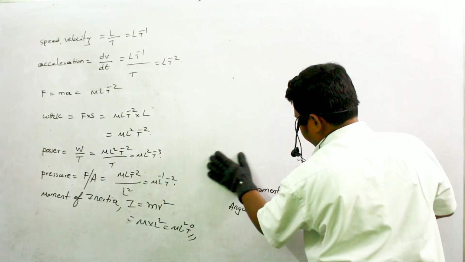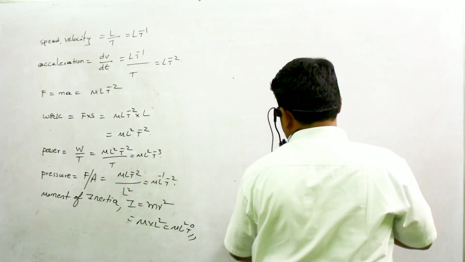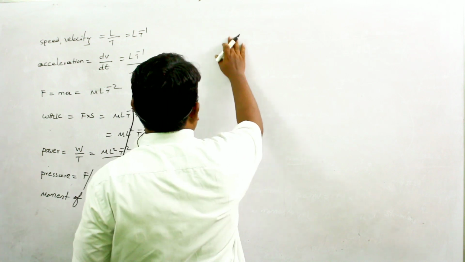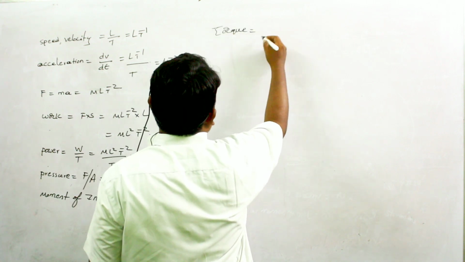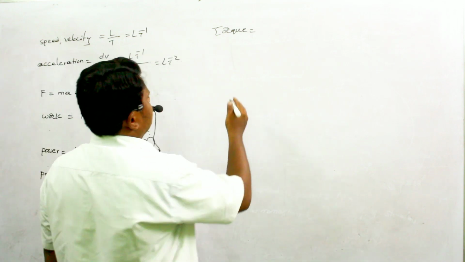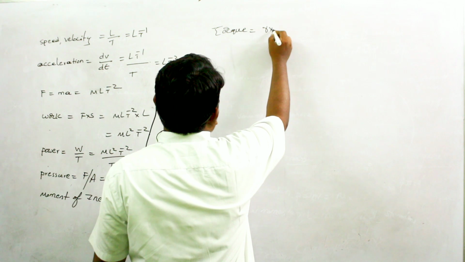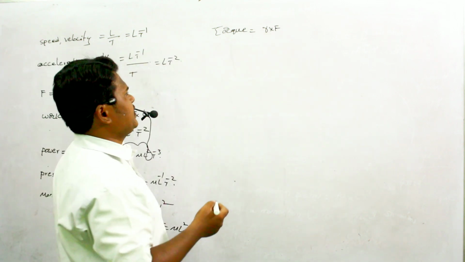torque. Torque can be written as r vector cross F vector, or you can write it as r F sine theta. So torque can be written as r into F when theta is equal to 90 degrees.